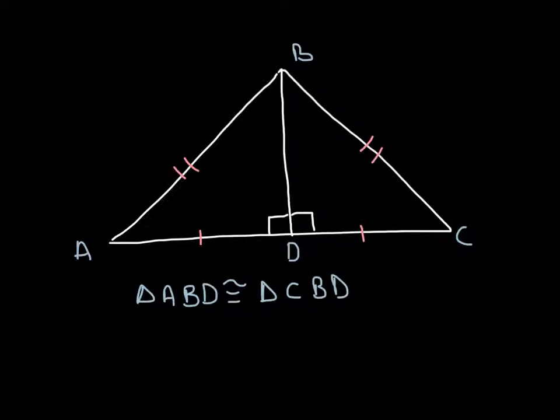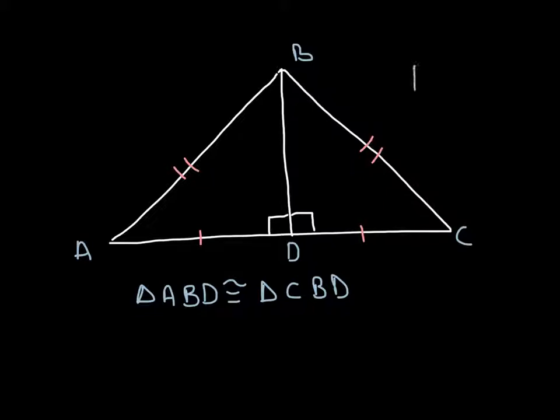Notice I'm trying to keep track of my corresponding parts when I name these, because I know that A is going to correspond to C, B is the same point for both triangles, and similarly D would come last for both triangles. So I'm trying to keep the points in the same order so that the corresponding parts match up. That's the goal.